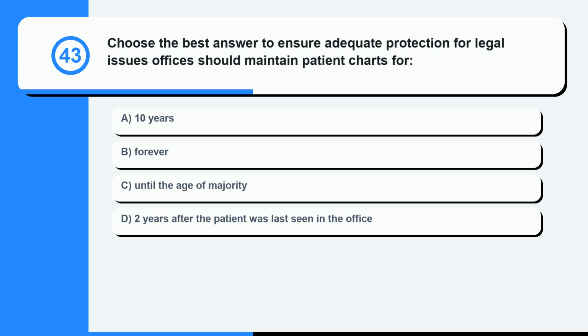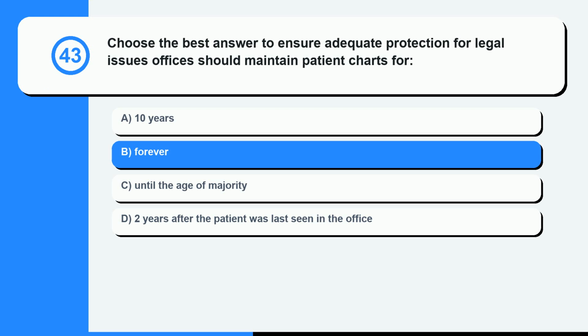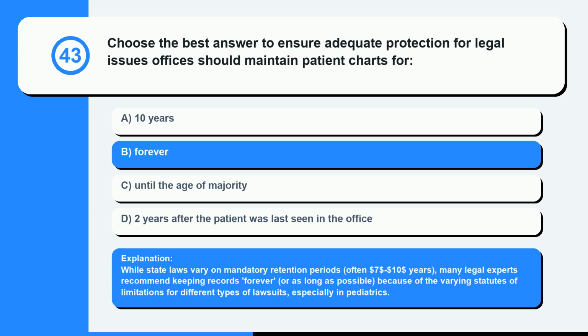Question 42. Which of the following reasons would be legal when considering a patient's medical record? A. Allowing a patient's brother to view her chart to find out her birth date and address so that he can mail her a card. B. Not allowing a patient to view her own chart because the physician feels this information would be detrimental to her well-being. C. Not allowing a patient to view her chart because she is behind on her payments.